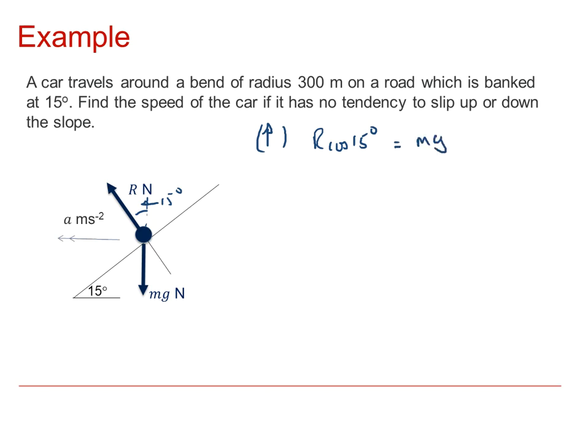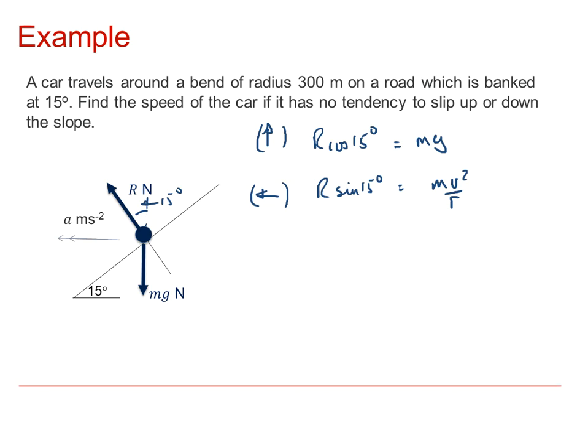So R cosine 15 degrees equals mg is the vertical resolution. If we resolve horizontally, then R sine 15 degrees will be equal to mv squared over r, that's the centripetal force.